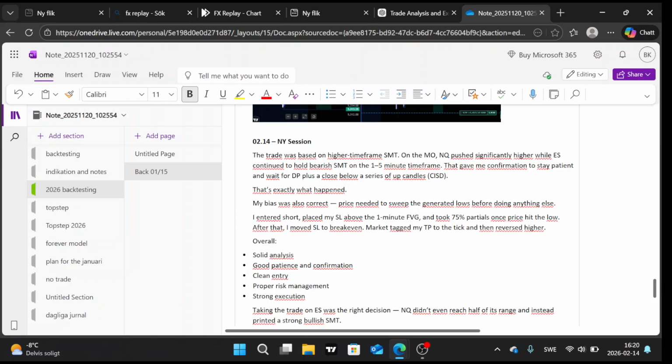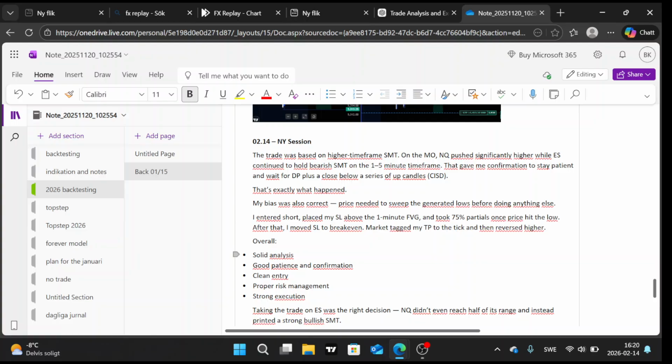Plus I closed below a series of up-close candles, which is a change in state of delivery. That's exactly what happened. My bias was also correct. Price needed to sweep the generated lows before doing anything else.